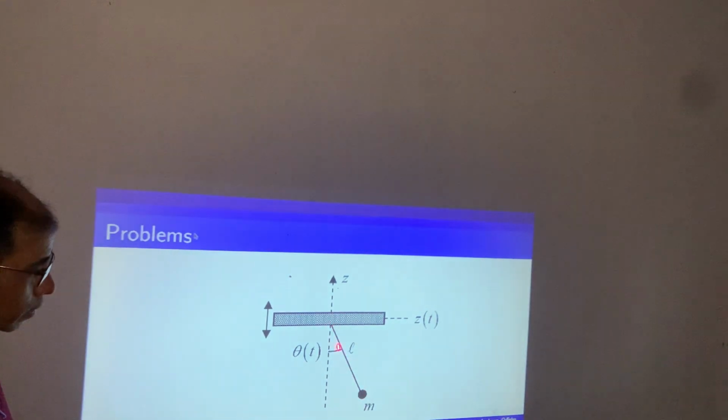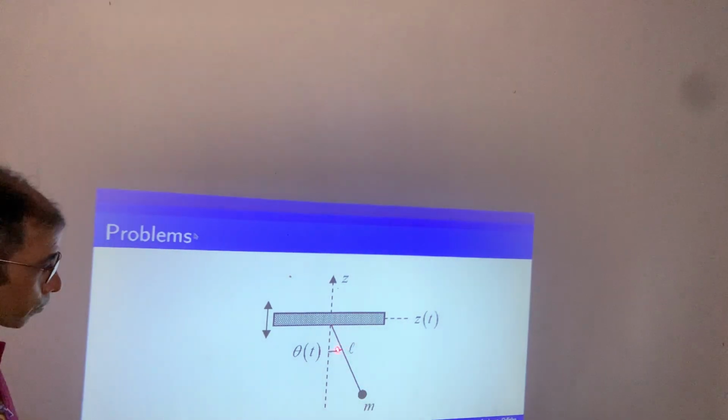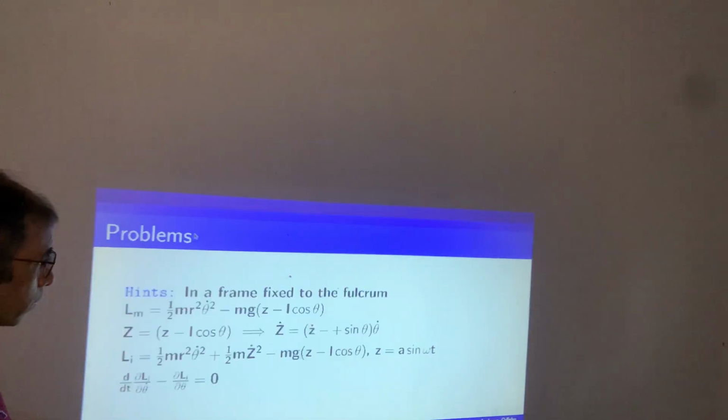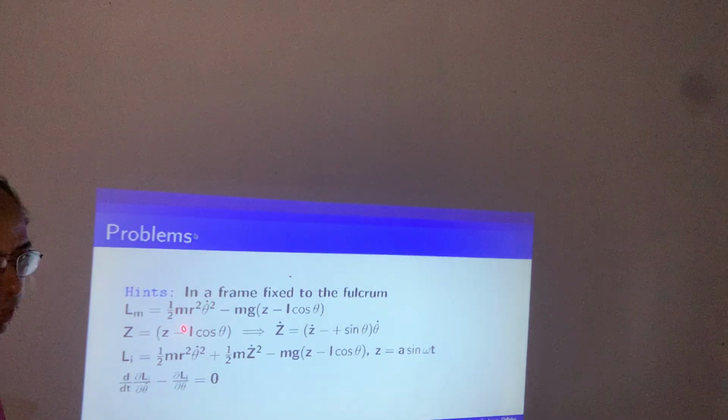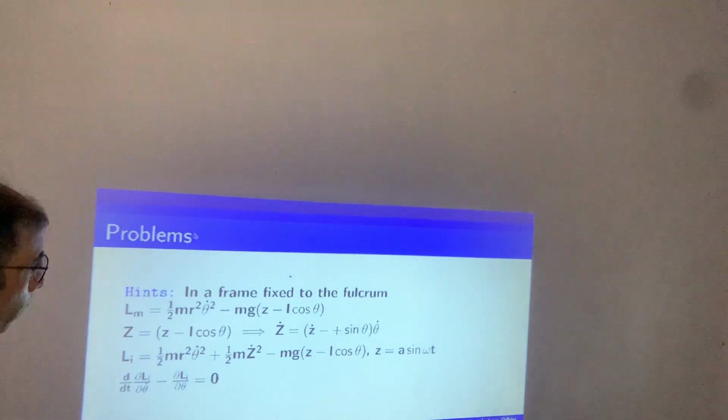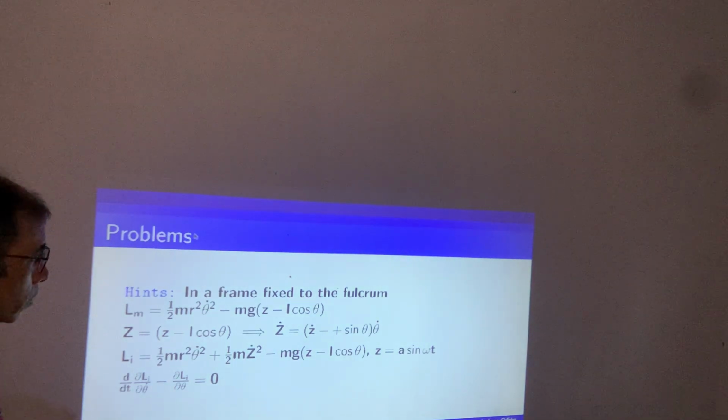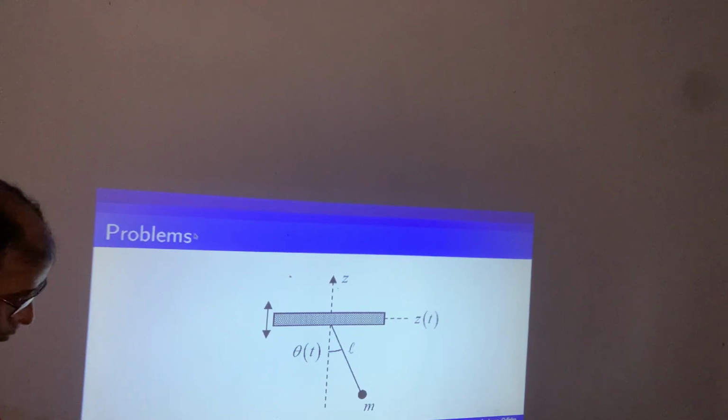Its kinetic energy is given by half m r square theta dot square, where r square is actually L square. And this is the potential energy, at a height z.